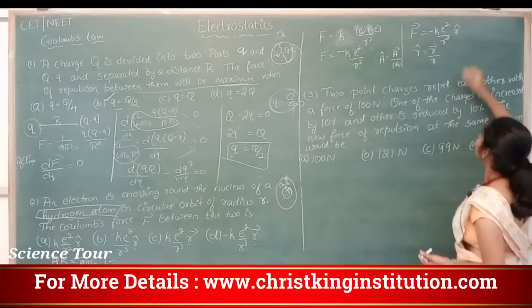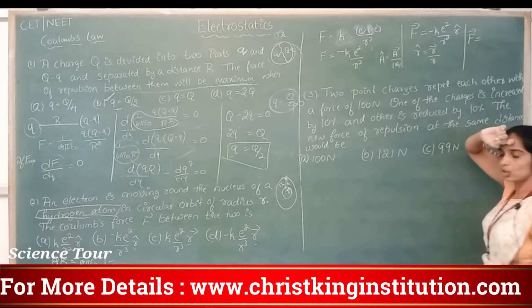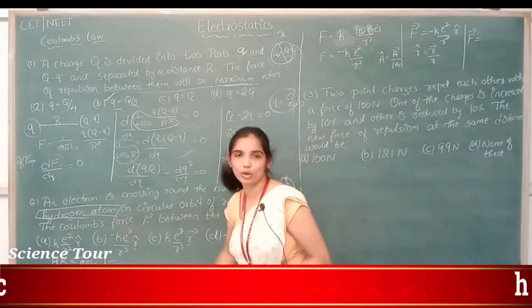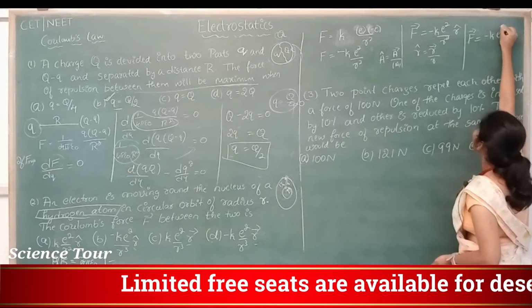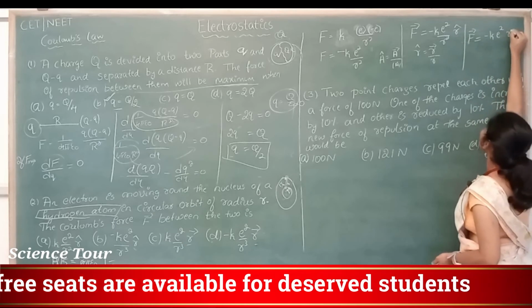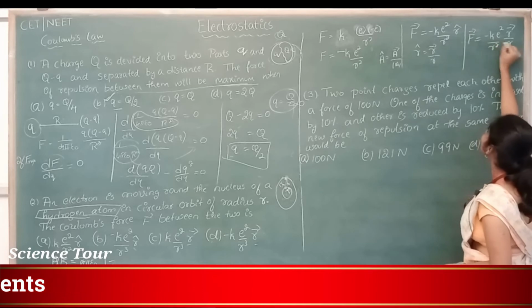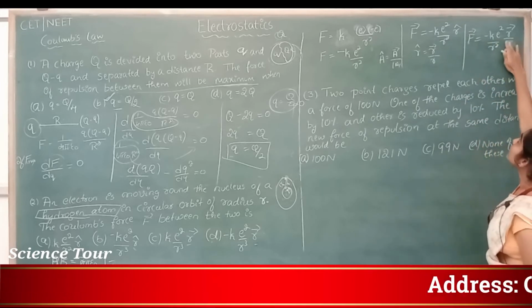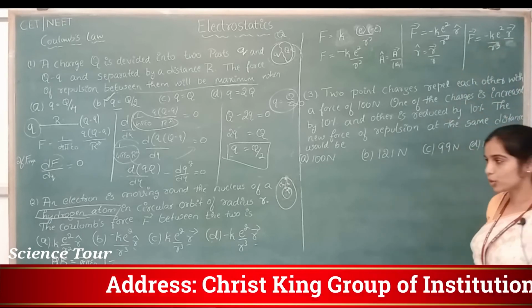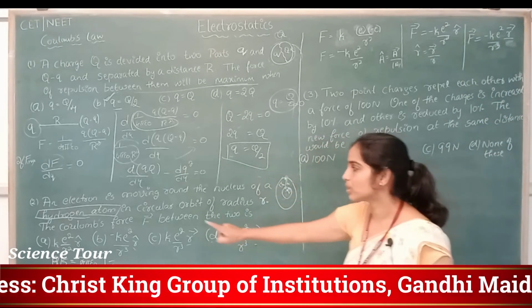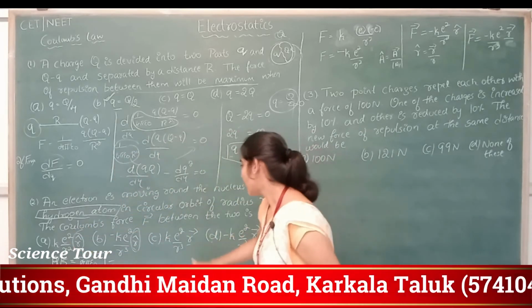So the vector form of force should be, all the options are in vector form, minus k into e square, r cap is vector r by r, and here we already have r square, so r square into r is r cube. Do we have this option? It should be in C and D, because options A and B have r cap, so we don't have that answer.